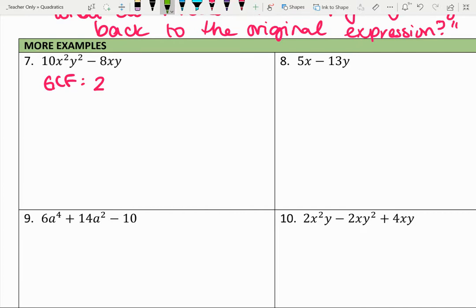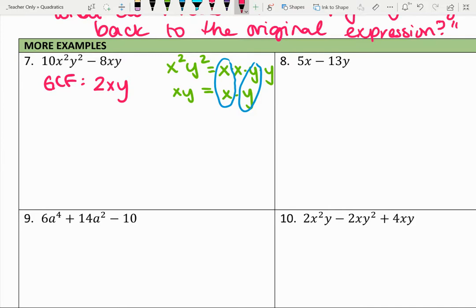And then thinking about, okay, x squared y squared and xy. Clearly they both have x's and y's. X squared y squared is x times x times y times y. And xy is just x times y. And so when I look at where they overlap, they have x and y in common.